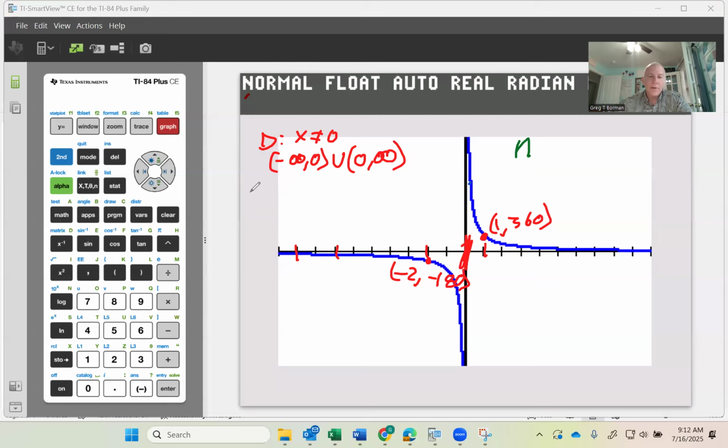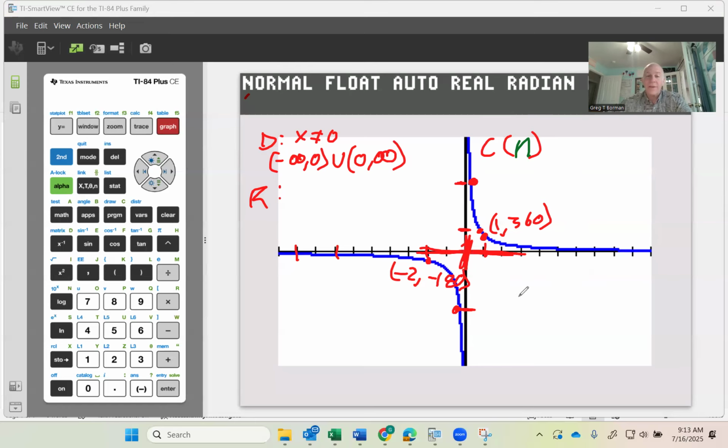All right, what about the range? Okay, the range is all the y values or C of n values that are being used. Well, this y value is being used, and this one, because those each correspond to points on the graph. They'll all get used except for y equals 0.